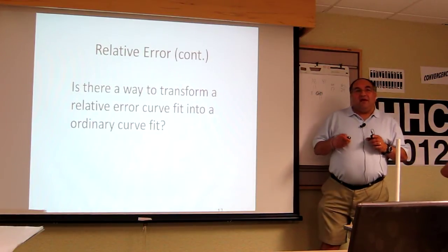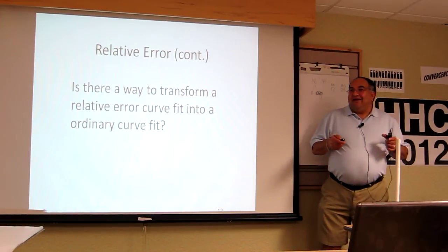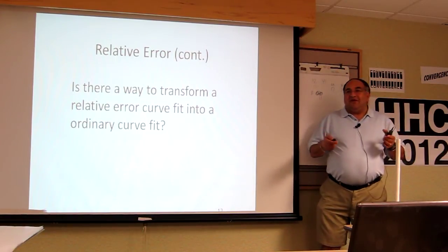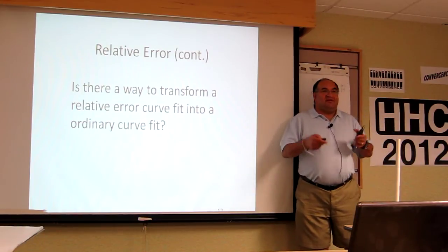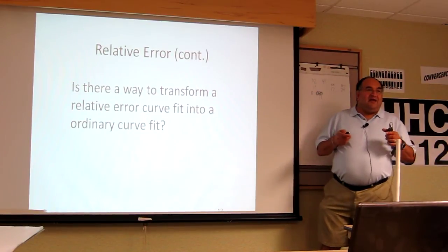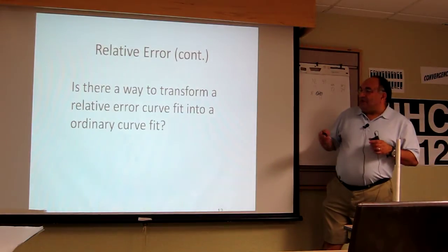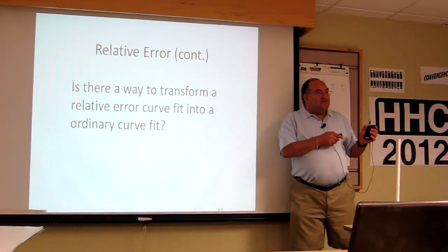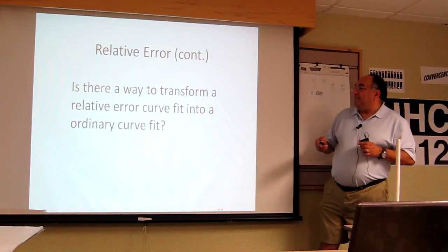Well, right there I said, I'm no statistician, and I cannot go on trying to figure out what the correlation coefficient and standard errors, all that is messy. So trying to take the lazy way out, I said, is there a way we can transform relative curve fitting into equivalent ordinary curve fitting?